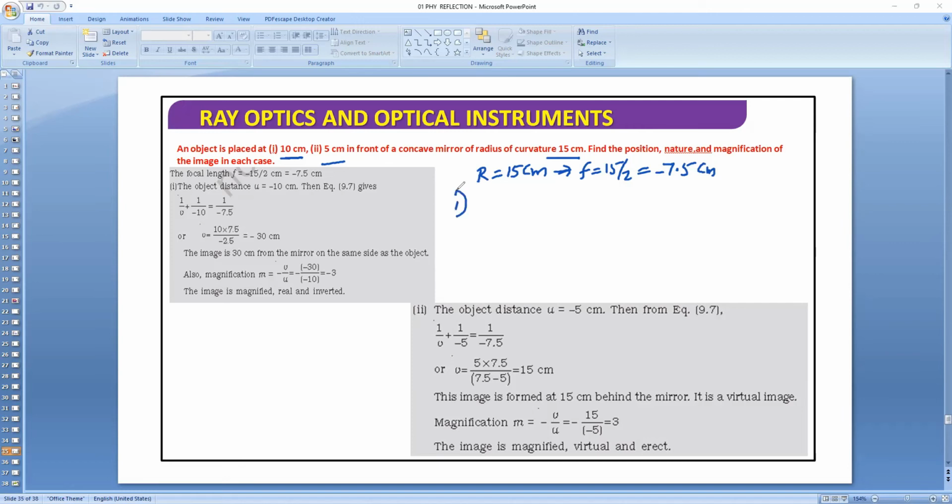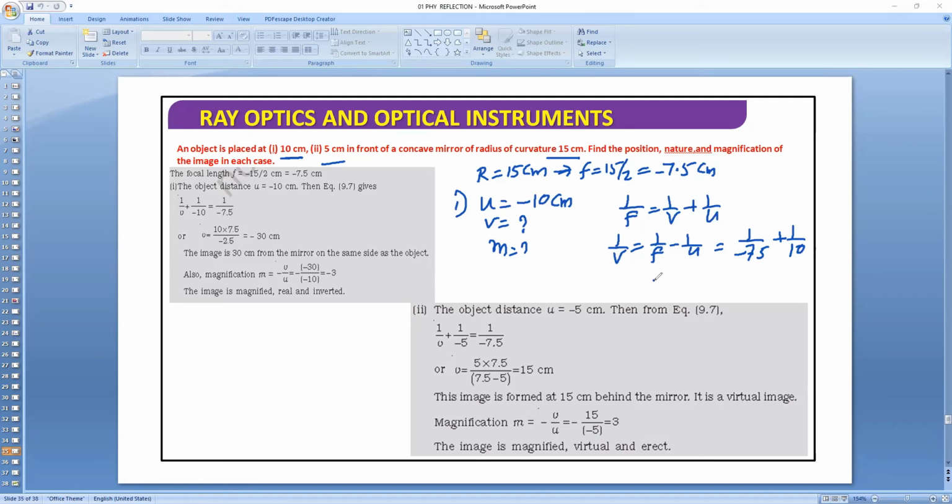Now the first question. Object distance is 10 centimeters. We need to calculate the image distance as well as the magnification, so V value and M value we have to find out. As you know, 1 by F is equal to 1 by V plus 1 by U. So 1 by V is equal to 1 by F minus 1 by U, which means 1 by minus 7.5 minus of minus 1 by 10.